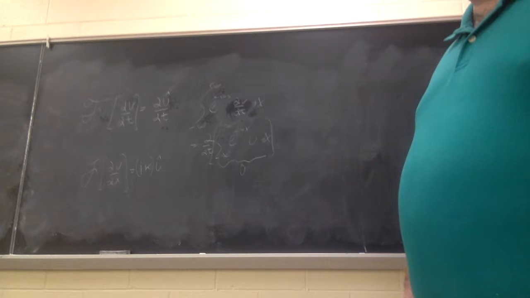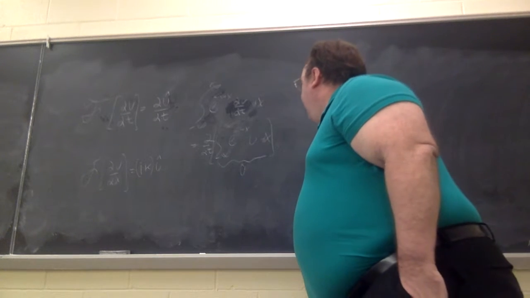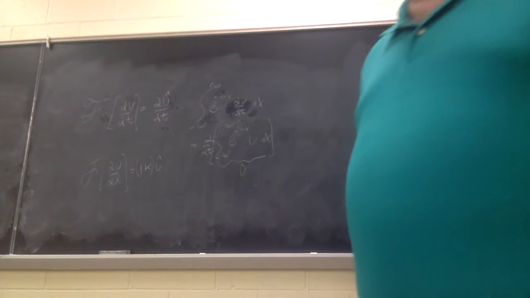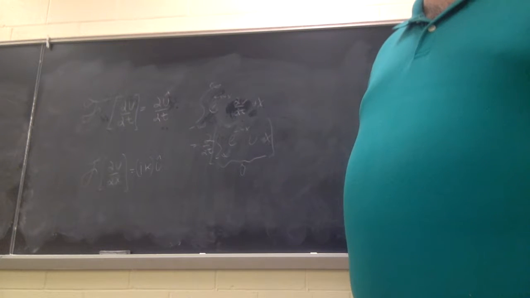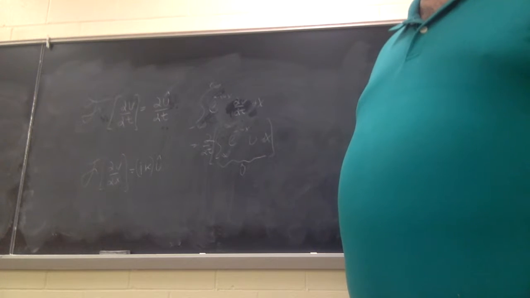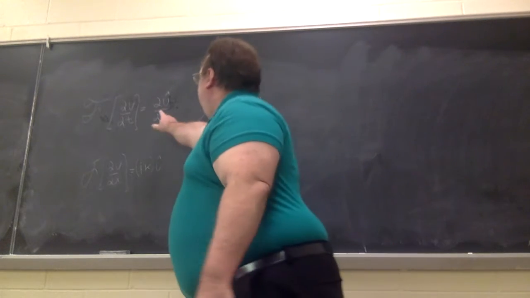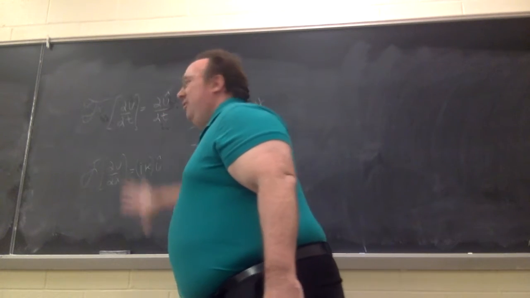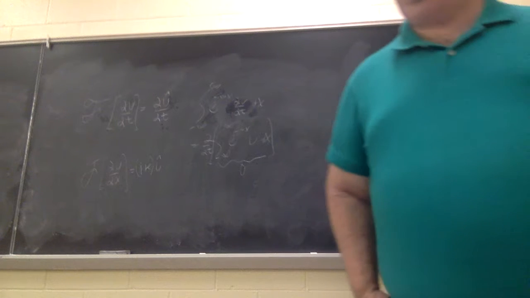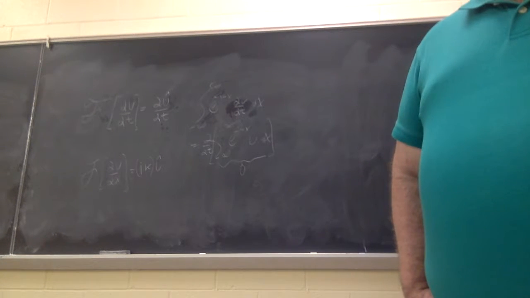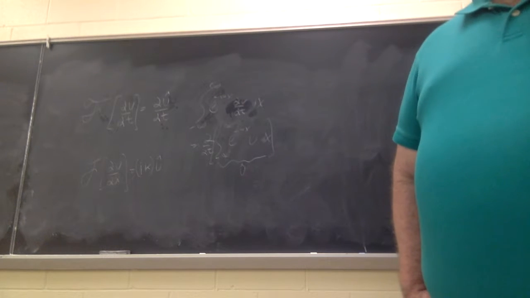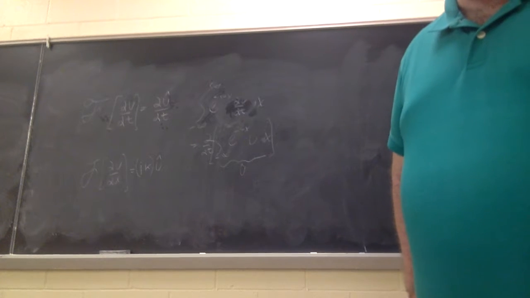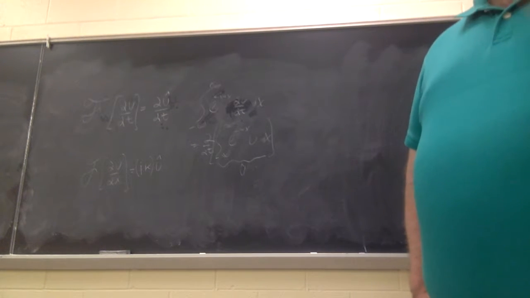So if it's a term that's taking the derivative with respect to t, you do the integral. If it's with respect to x, it's that. I'm just showing you why it was that. Yeah, so these are your rules, and we take the transform of each piece. Well, the transform is a linear operation, so you can transform each term individually.